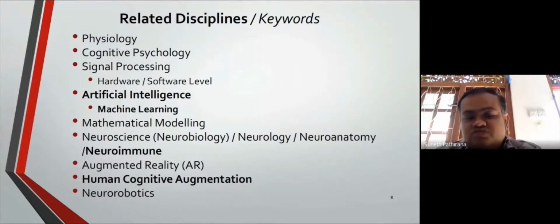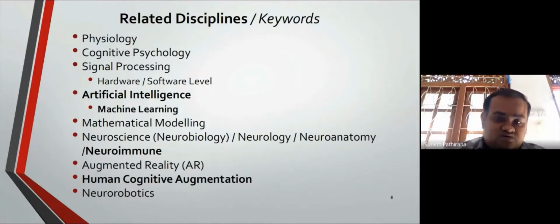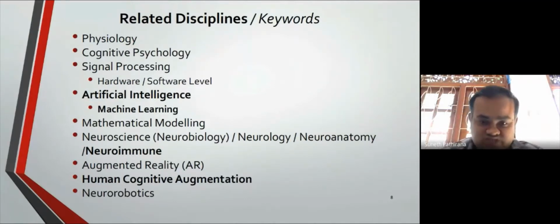Neuroimmunity is kind of a medical domain subject or biological subject, but I'll let you know why we need this neuroimmunity. That means you understand the biochemical stimulations, or the biochemical reactions, or the changes in hormone level concentrations and the chemical level variations. Why we need to have a sound understanding.